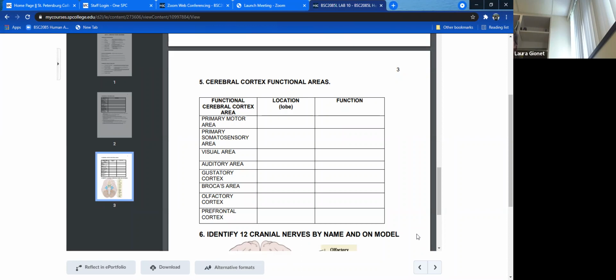There are different functions and regions designated on the cortex, which is the outer 2 millimeters of this crinkly part of the brain. And so this is what this exercise is for.